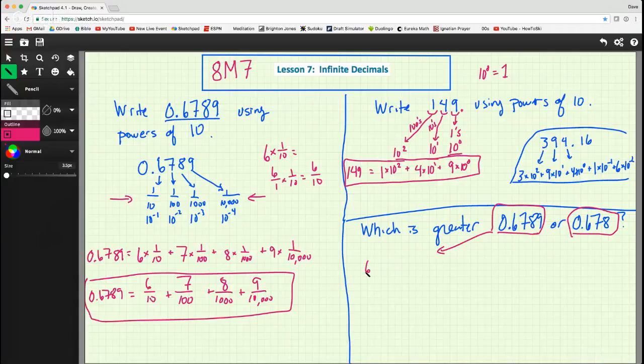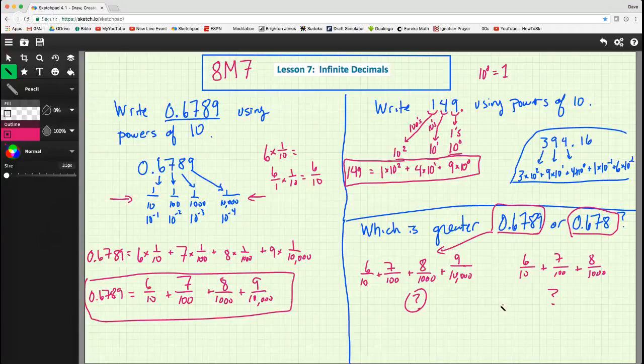That's 6 over 10 plus 7 over 100 plus 8 over 1,000 plus 9 over 10,000. And this one we can write as 6 over 10 plus 7 over 100 plus 8 over 1,000. So now you should hopefully be able to see which is greater, this one on the left or this one on the right.